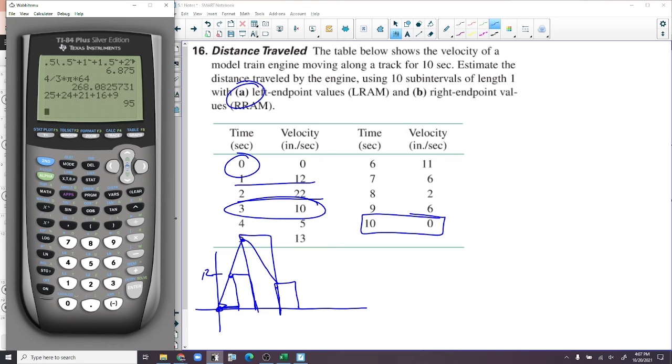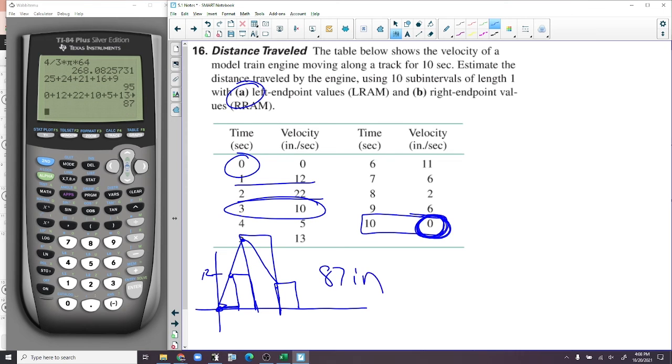All we're doing is adding 0, 12, 22, 10, 5, 13, 11, 6, 2, 6. Even though it wouldn't make a difference, we're not adding in this last value, which happens to be 0. But if it wasn't 0, it would be a big deal. So 87 inches.